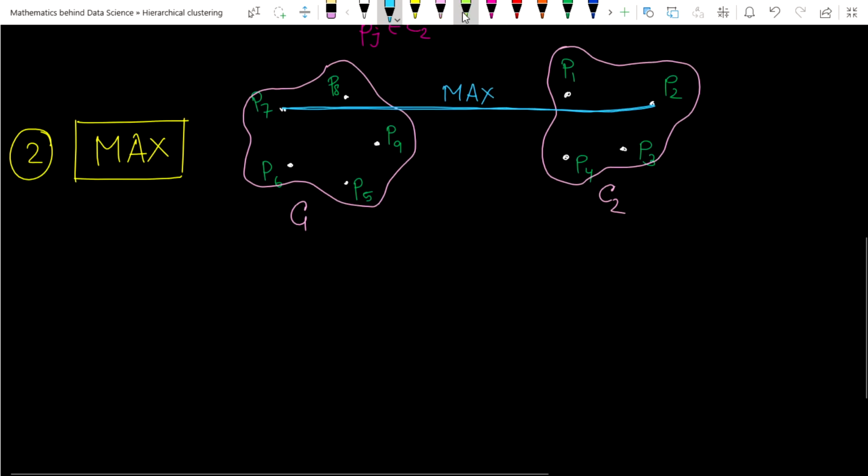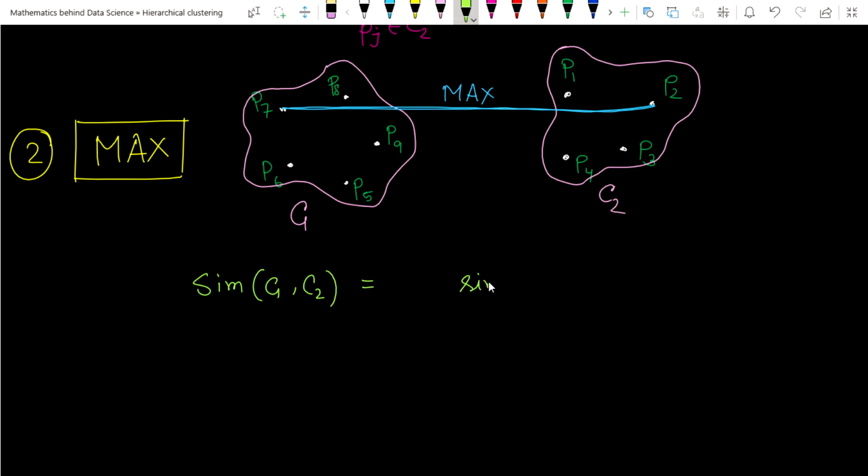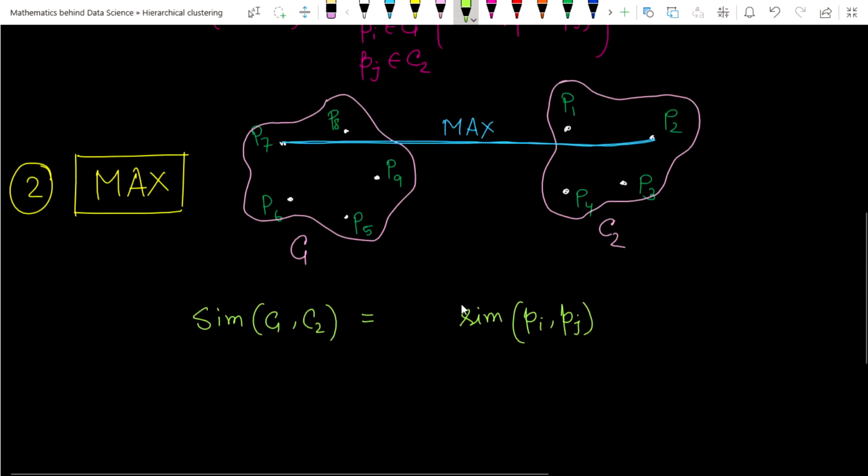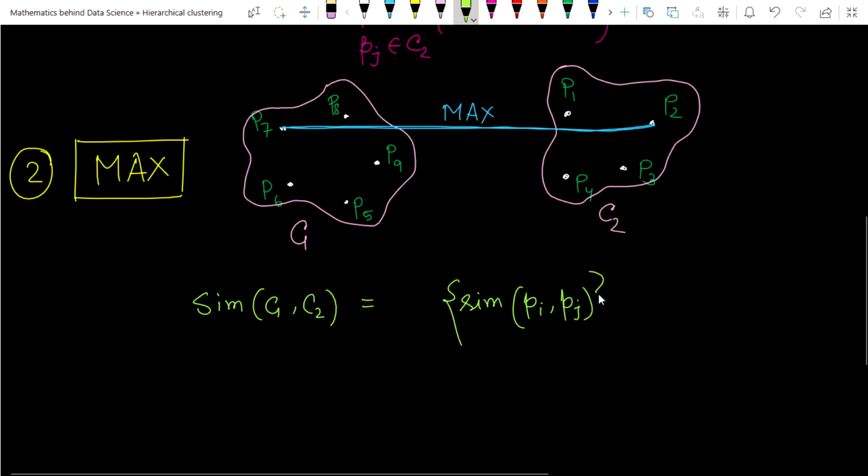Okay, so now the proximity value between cluster 1 and cluster 2. The formula is the same. First we have to compute the similarity between each pair of points Pi, Pj, for different pairs of points.